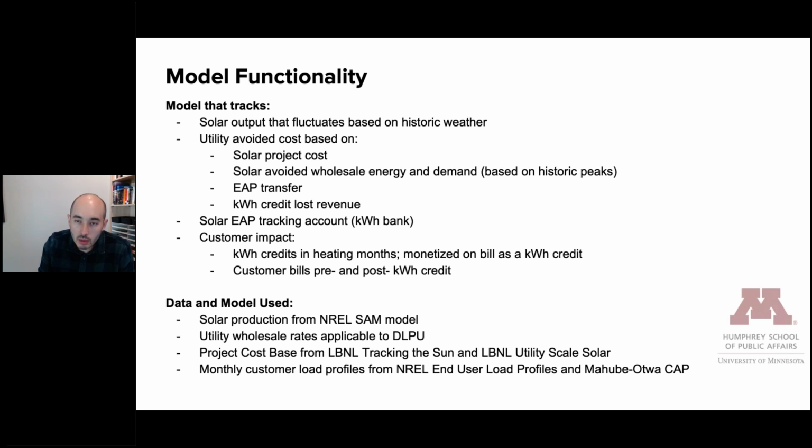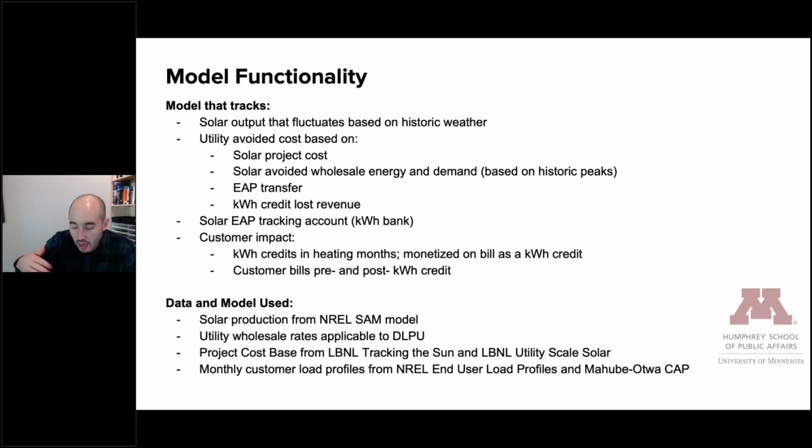And so we built this model that does a couple of things. One is it's calculating solar output that fluctuates over time. And initially when we started this project, I don't think we thought that we were going to need hourly temporal resolution to look at this. But as we dug into it and tried to understand more from the utility's perspective what would make this pencil or not, we really realized that that demand charge is really important, and we had to understand how solar was going to interact with that.